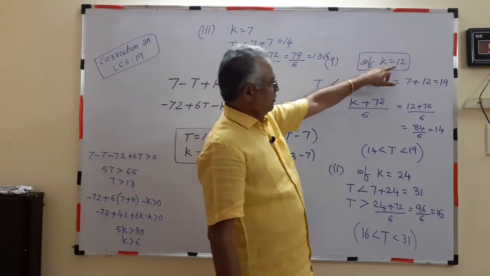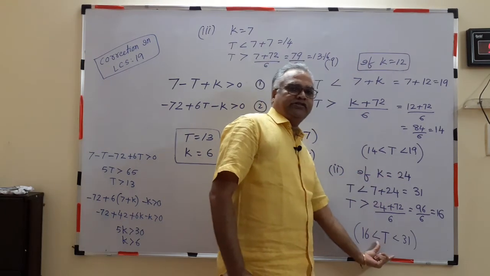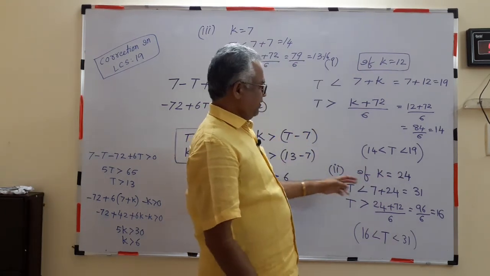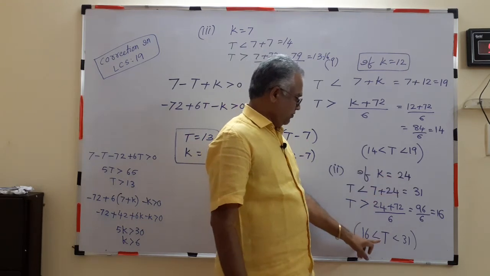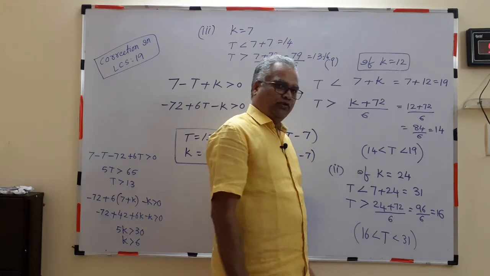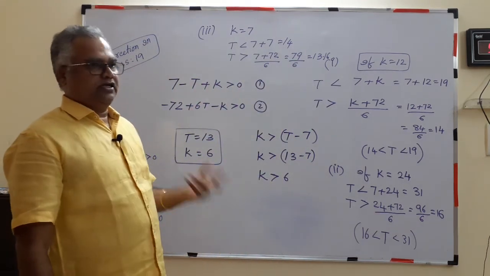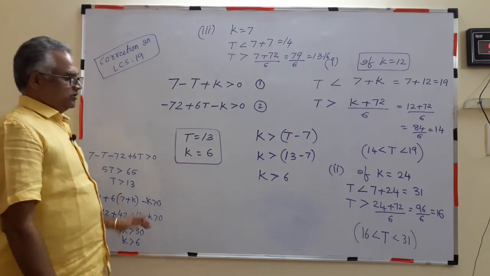For this value of k, the t range is here. For this value of k, the t range is here. So you can verify, you take k equal to 24, any t value within this range, you verify both the conditions will be satisfied. Okay, thank you.